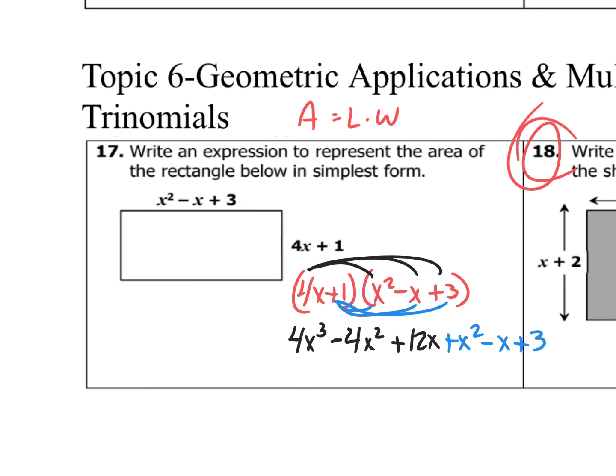Now we can combine like terms. Remember, the first term isn't going to have anything to combine with, nor is the last term. So negative 4x squared plus x squared is negative 3x squared. 12x minus x, 11x plus 3.